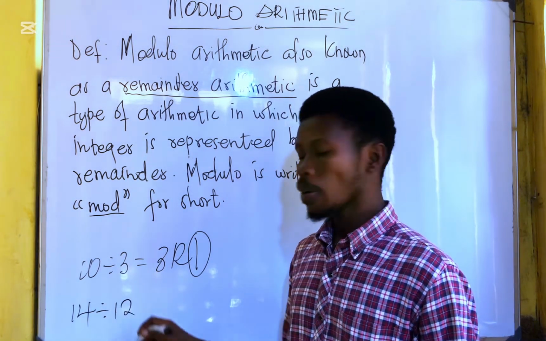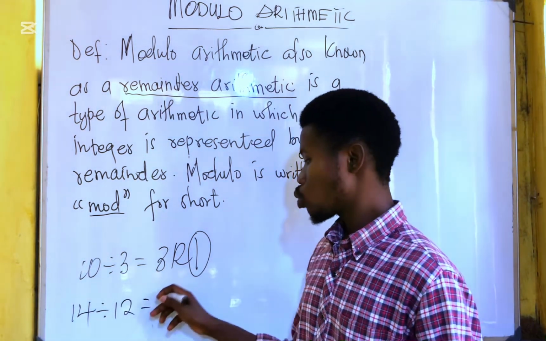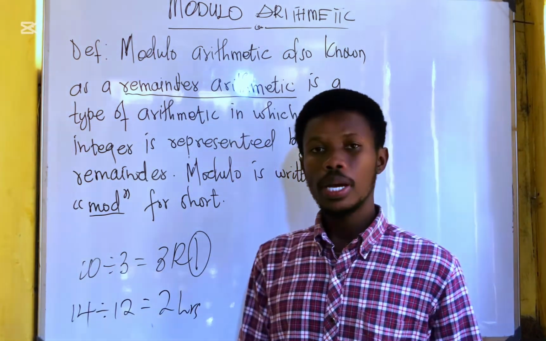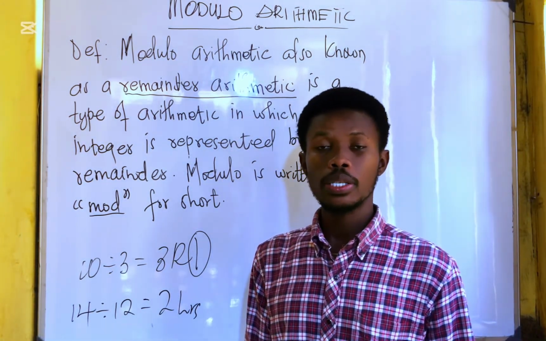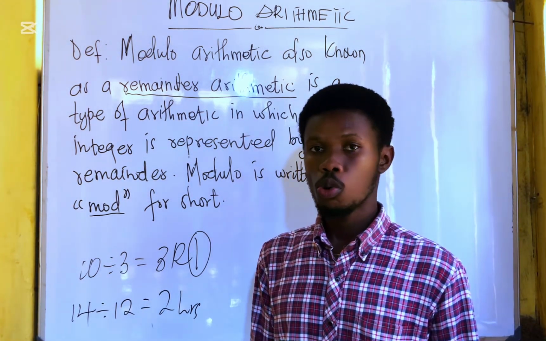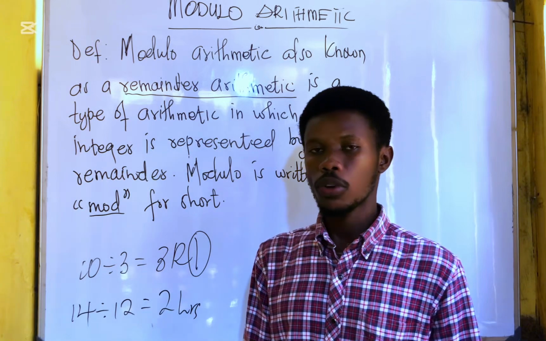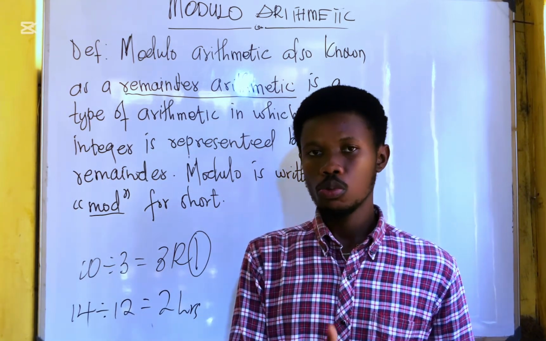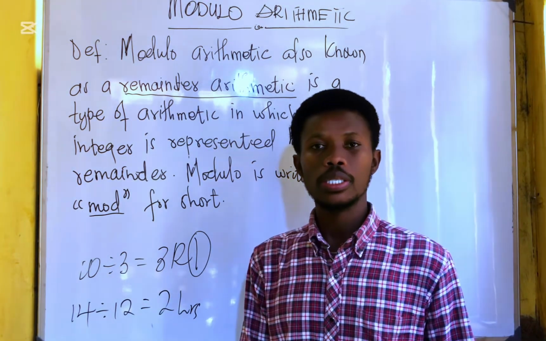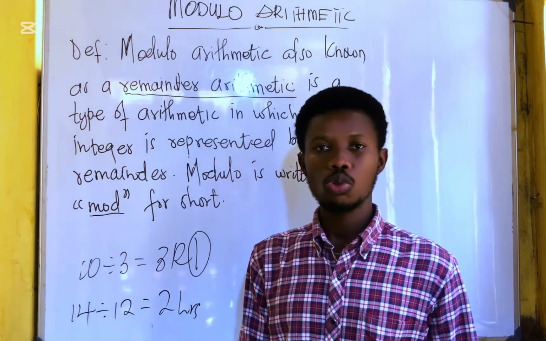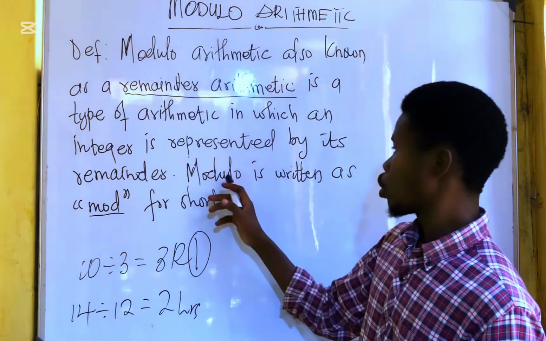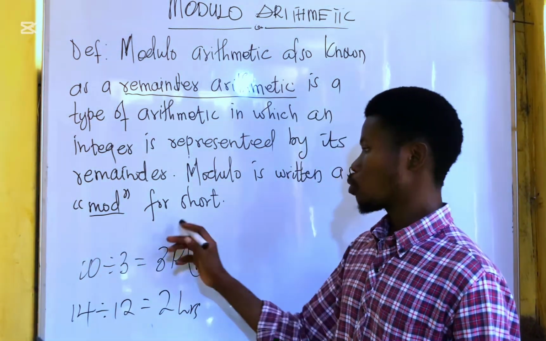Because it's dealing with mod 12, we say 2 o'clock. Is that okay? So you simply say that 12 can go into 14 one time, remainder 2. So we are interested in the remainder. So when it comes to modulo, it is all about the remainder.